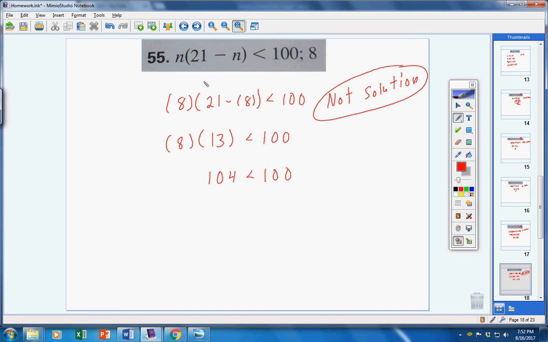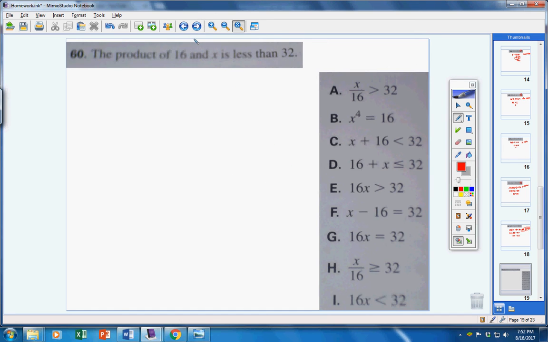Lastly, number 60 through 64, the directions say to match the verbal sentence with its mathematical representation. So here we go. We have number 60, the product. That means we're multiplying.